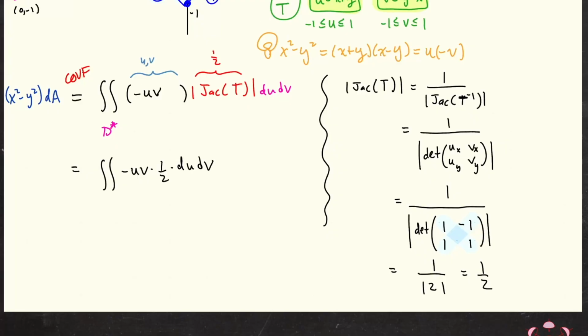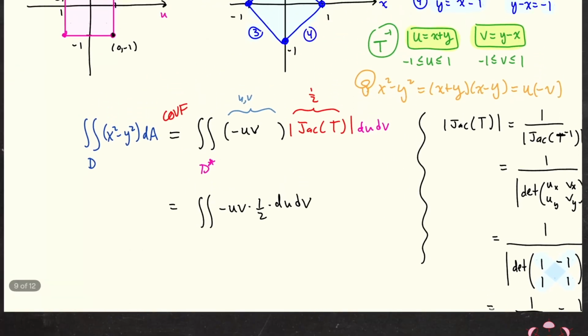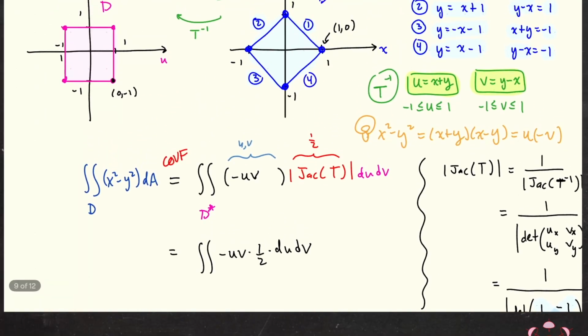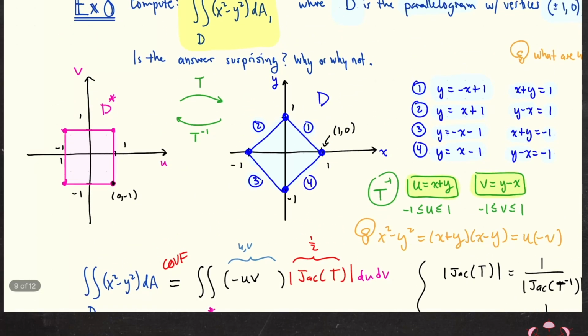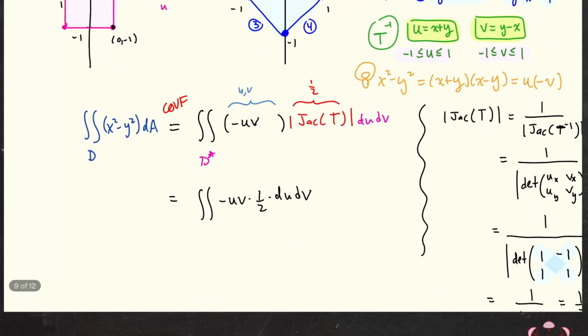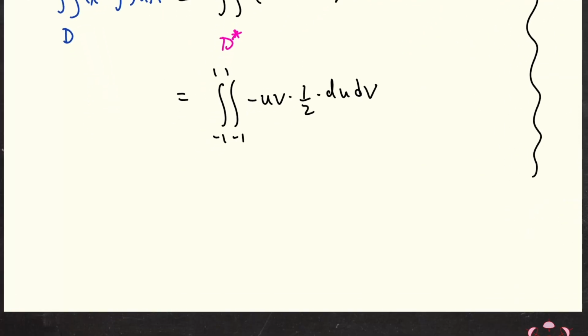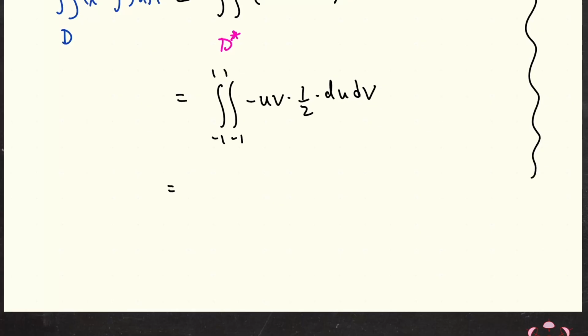Now, why did I not fuss about the order? Well, look at the domain of integration in the uv plane. That just goes from -1 to 1, which was what we observed earlier. So u and v just go from -1 to 1. So -1/2, pull that out front, and do the sometimes useful trick: the integral of u du times the integral from -1 to 1 of v dv.